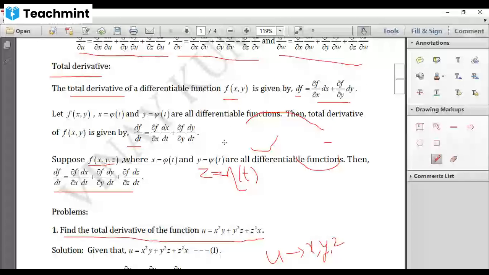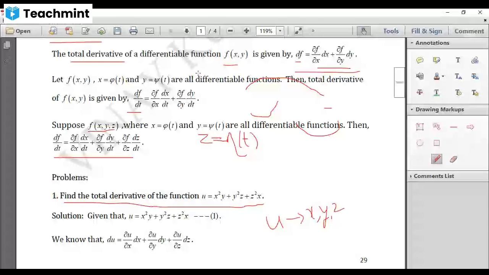When you are having a function involving two or three variables, this can be extended for three variables, f of x, y, z. What is that? df is equal to dou f by dou x into dx plus dou f by dou y into dy plus dou f by dou z into dz.